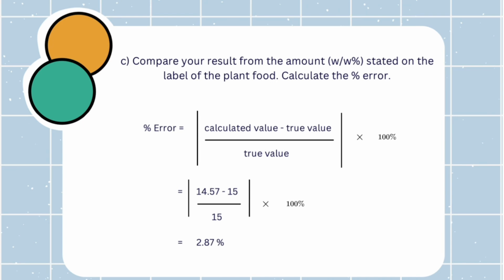To calculate the percentage error, we need to subtract the true value from our calculated value, then divide it by the true value, then multiply by 100%. The result is 14.57 minus 15 over 15 times 100%. So we will get 2.87% of percentage error.